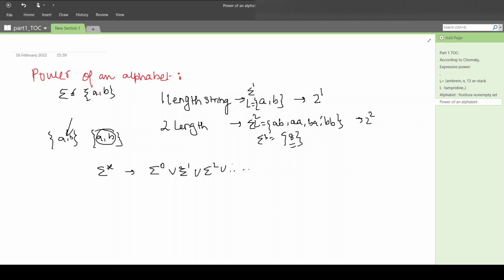And what about sigma plus? It will include all, only epsilon will not be there. It is the set of all strings excluding epsilon. Remember it, plus has a great significance.